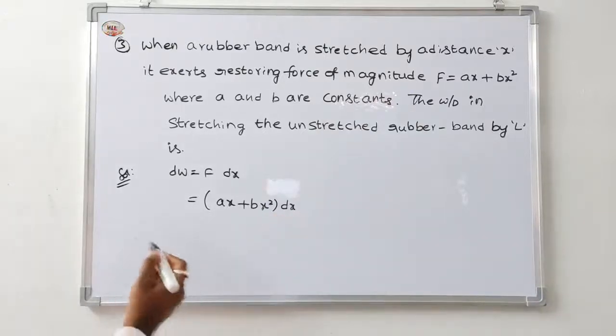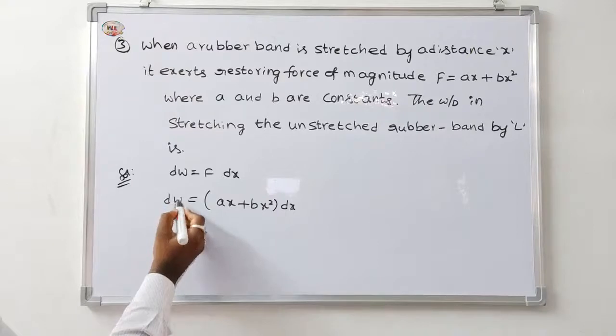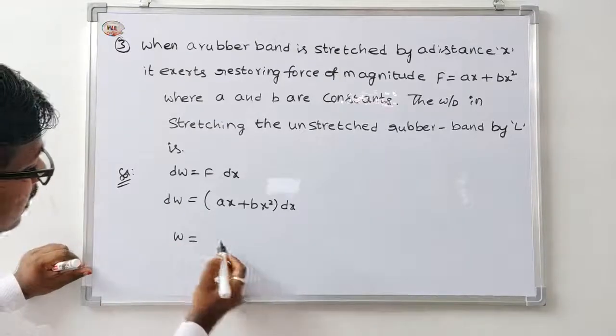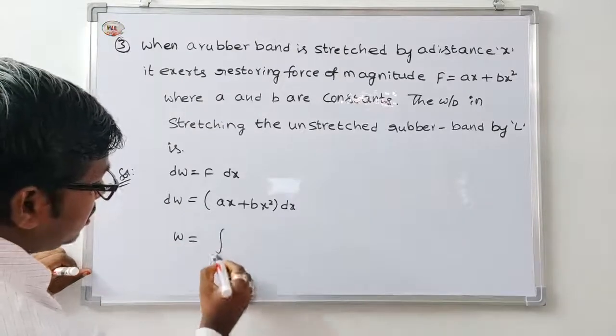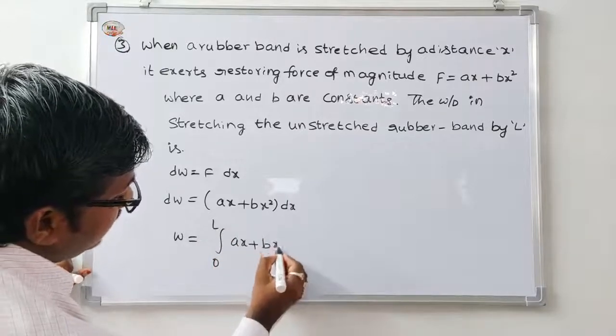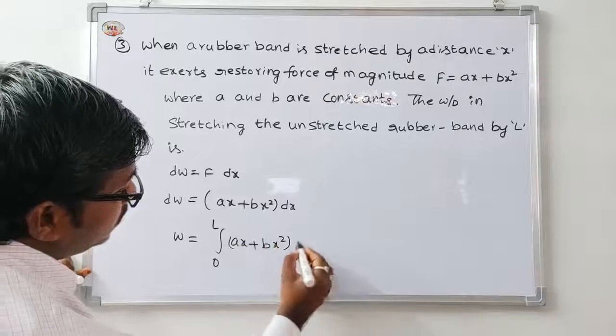Integrating both sides, the work done is equal to the integration from 0 to L of ax plus bx square into dx.